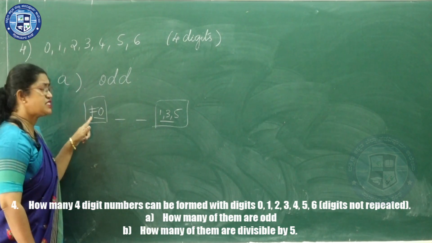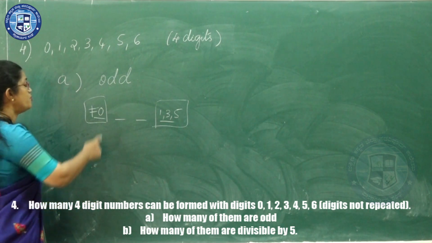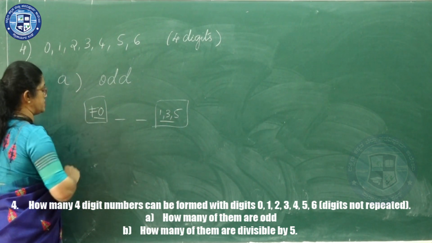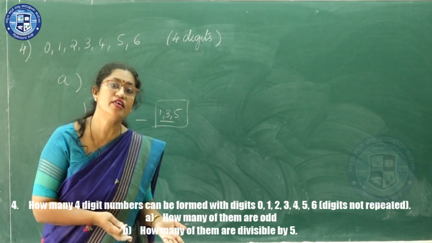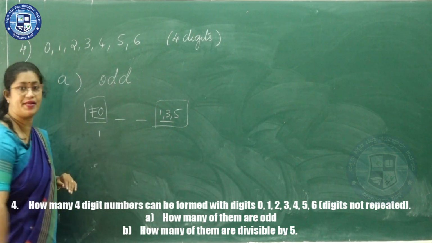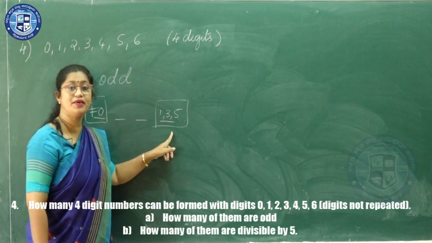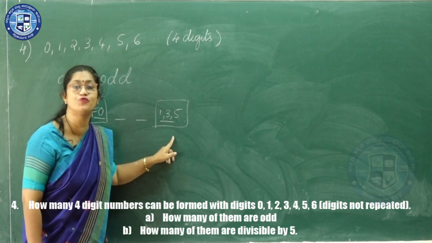If I start filling this place first, what happens? Supposing I fill this place first, my only condition is I cannot put 0. I can put odd numbers or even numbers. Supposing I fill this with 1, then when I come here, since 1 is already gone here, I will have only 2 choices for this place.